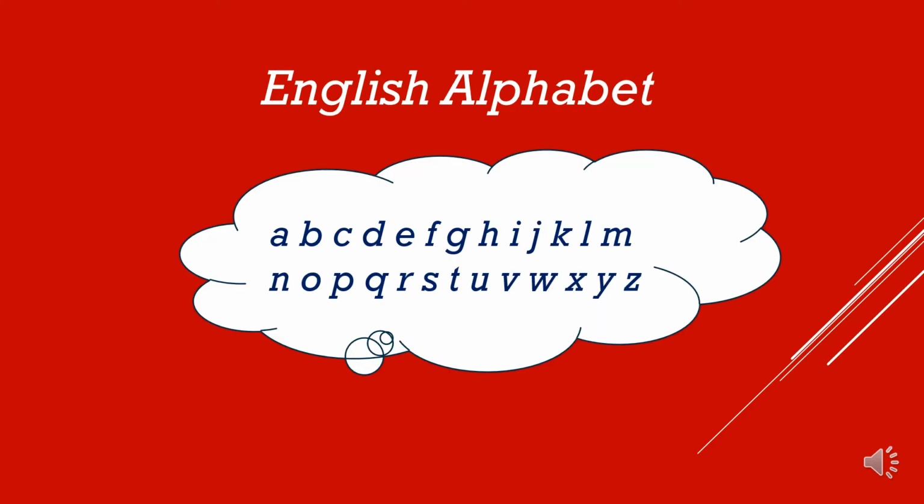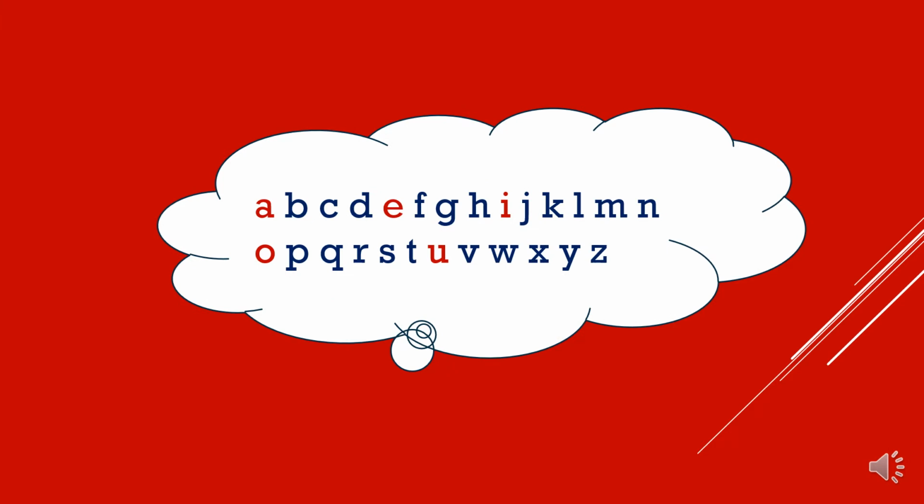Students, you know the English alphabet consists of 26 letters. You can see 26 letters on the screen. Out of these 26 letters, vowels are A, E, I, O, U, and the rest of them are known as consonants.